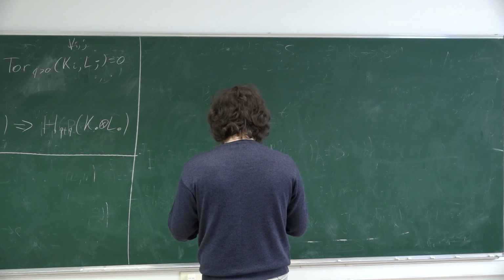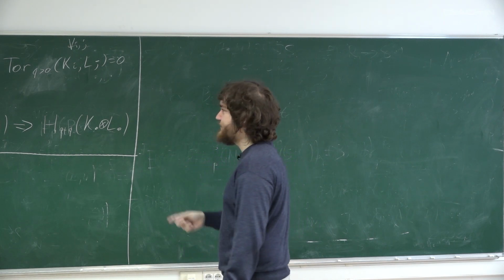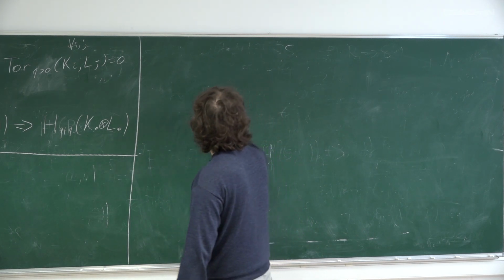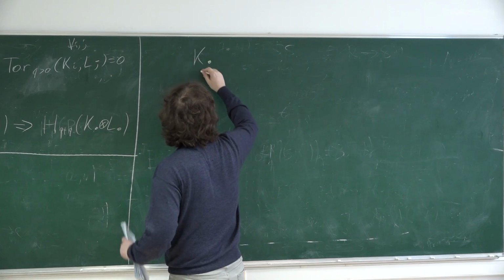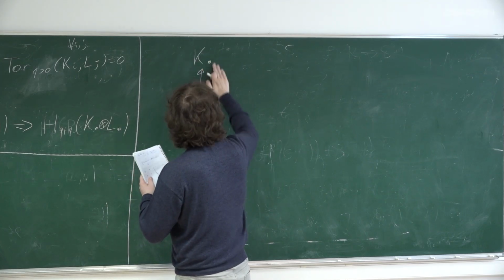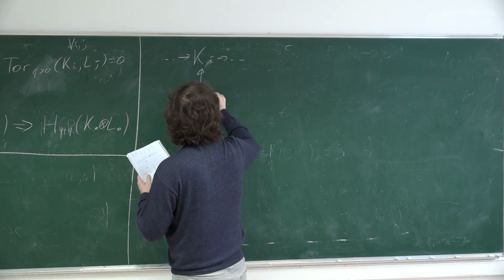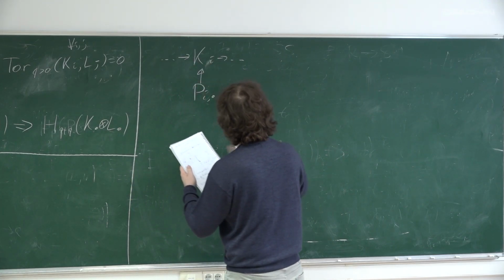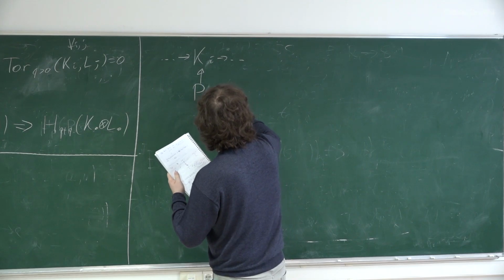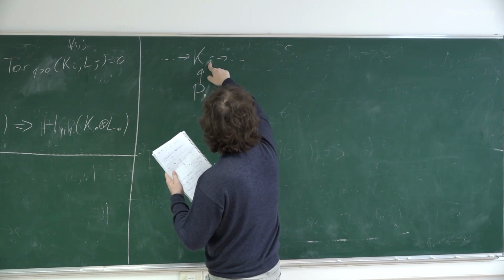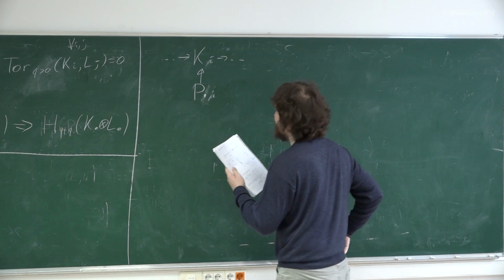Now let's consider our resolutions of our two chain complexes. I have resolutions. Here I want that I is the number of the module and dot is the number of the level of resolutions.